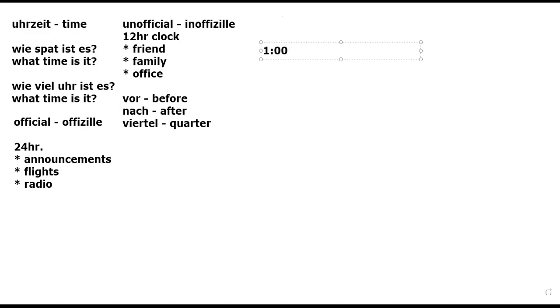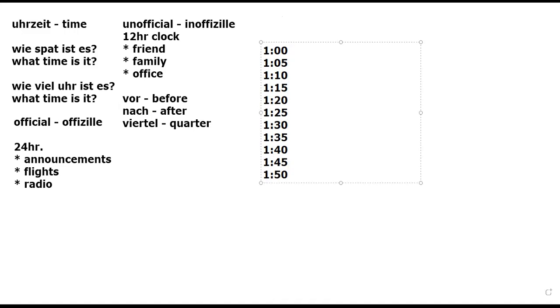Just write down 5 minutes apart: 1:05, 1:10, yeah, like this. Then 20, 30, 35, 40. Done. Let me complete it, and then later on 2 o'clock. Okay, so we will learn this.